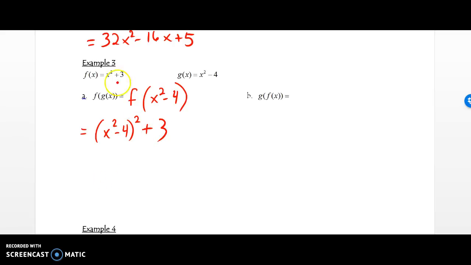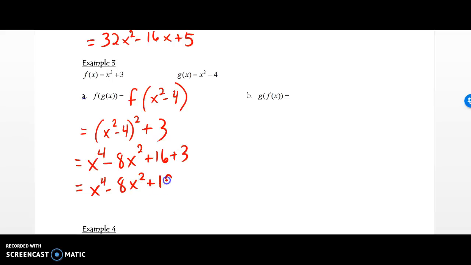Which says I take whatever the x is and square it and add 3. So that will end up being x to the 4th minus 8x squared plus 16 plus 3, which will be x to the 4th minus 8x squared plus 19.